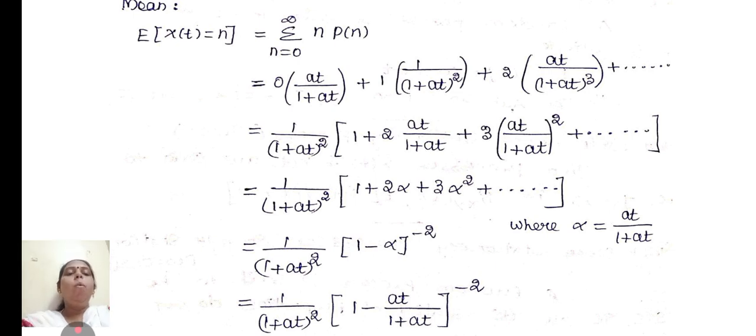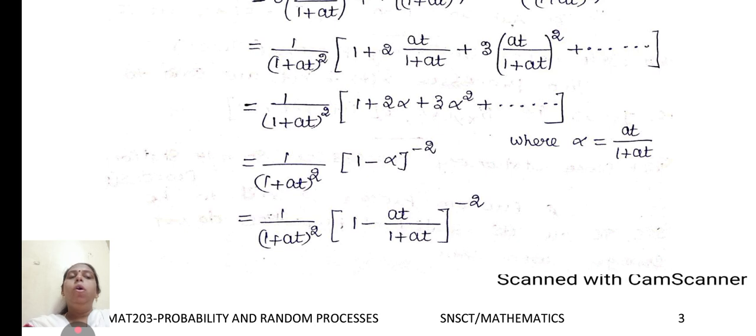So we get 1 plus 2at by (1 plus at) plus 3at by (1 plus at) whole squared. Let us now denote at by (1 plus at) equal to alpha. So 1 by (1 plus at) squared times (1 plus 2 alpha plus 3 alpha squared plus etc.). The result of this sequence is (1 minus alpha) to the power minus 2.